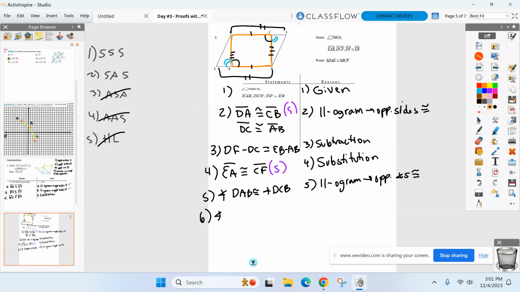So angle DAE and angle DAB are supplementary, along with the other pair, angle BCD and angle FCB. Linear pairs are supplementary.